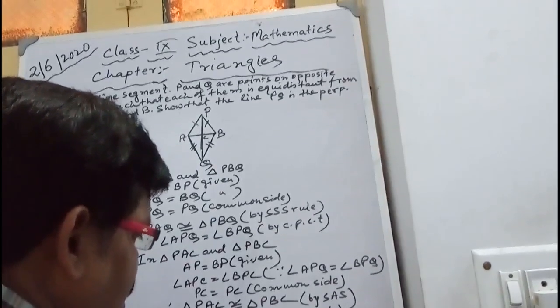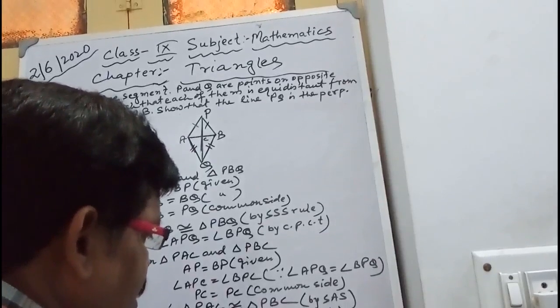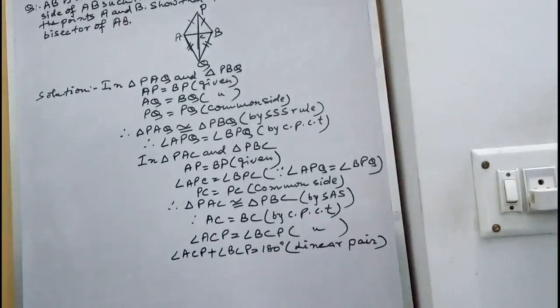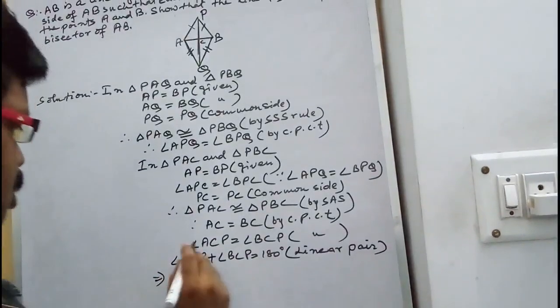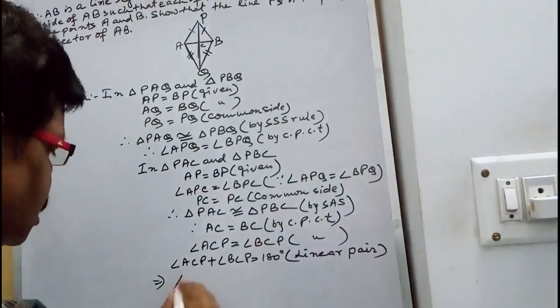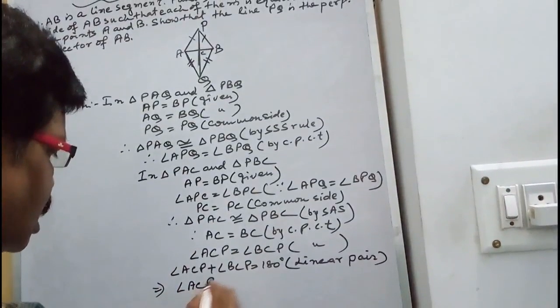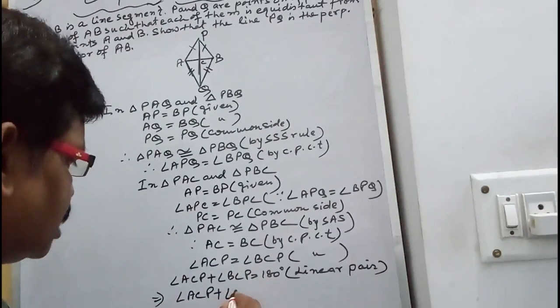Reason: linear pair of angles whose sum is 180 degrees. So ACP equal to BCP, so in place of BCP you can write ACP.